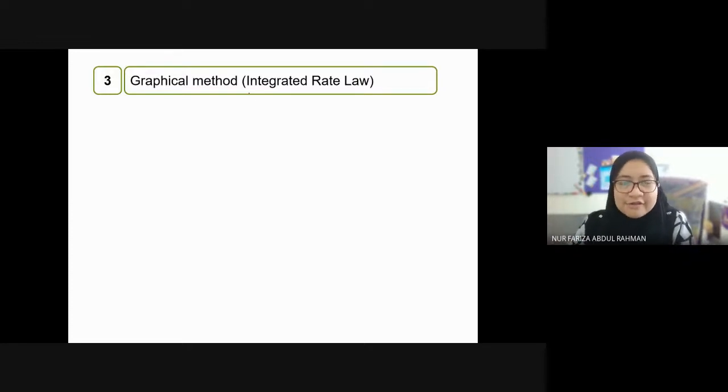So graphical method, also known as integrated rate law. This graphical method is actually based on the integrated rate law. You are familiar with rate law, right? So basically the rate law will be integrated so that we can get the integrated rate law.